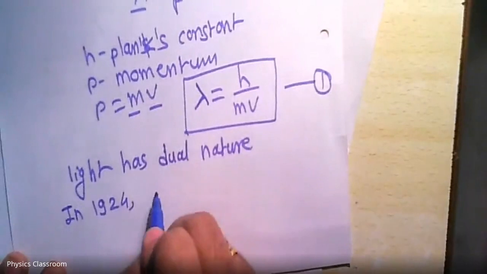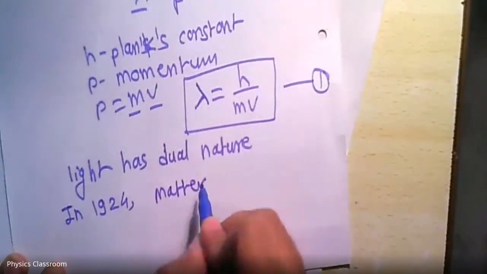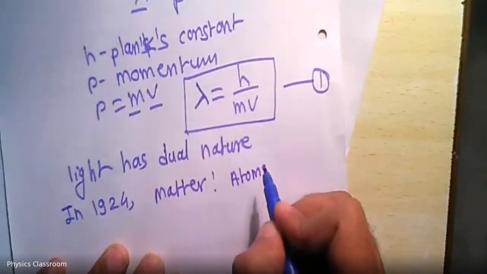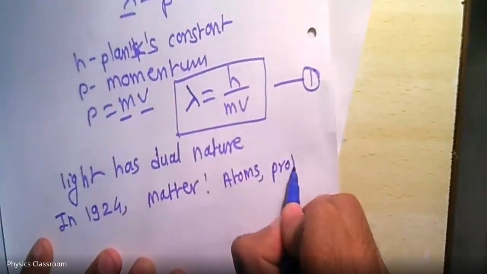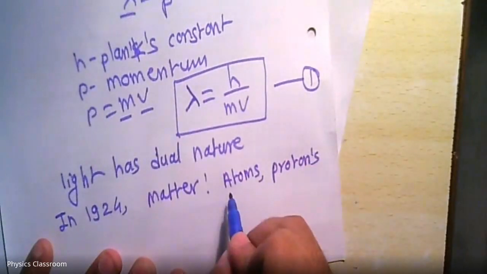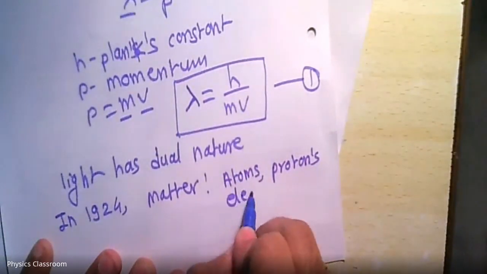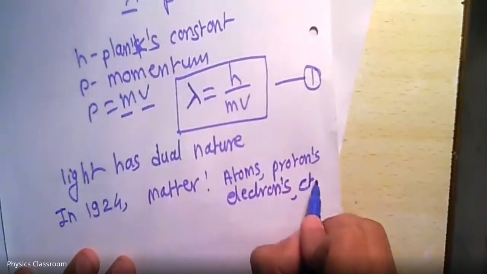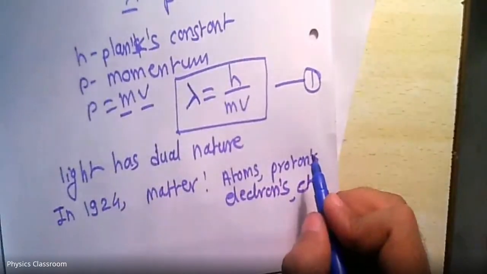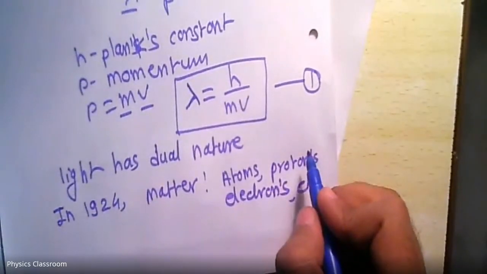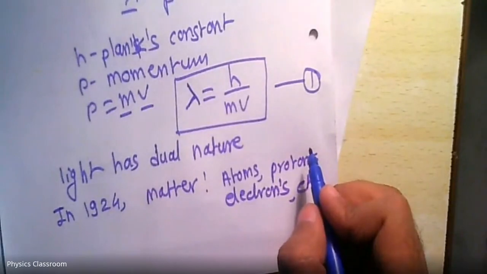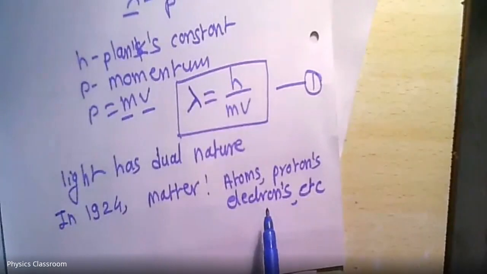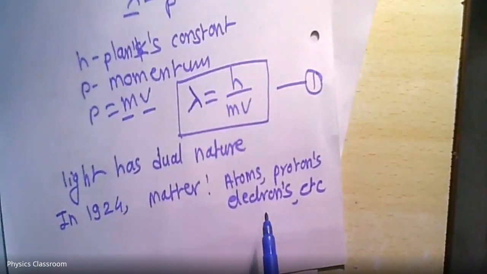Atoms contain protons and electrons, small particles. Matter consisting of protons, electrons, atoms, etc., might exhibit wave like properties under appropriate conditions.